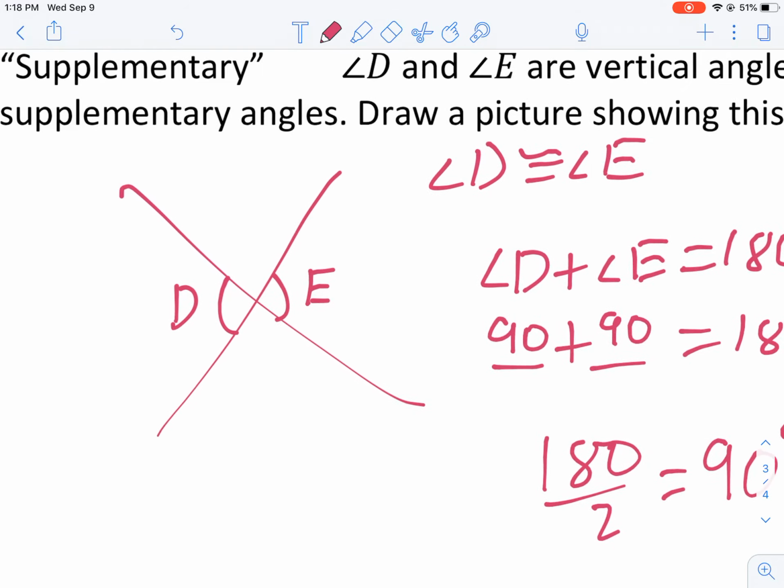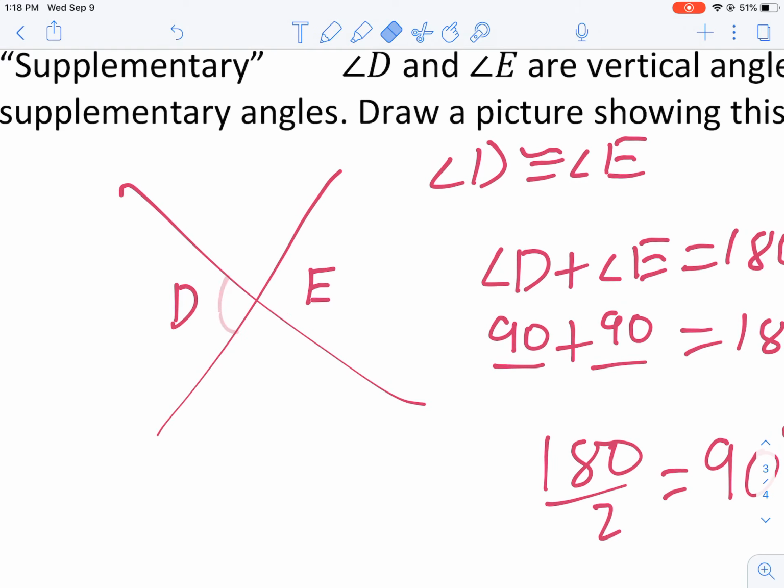And if we remember correctly, 90 degrees is a right angle. So that means that both of these are right angles, which actually means our lines are perpendicular, all right? So if two lines are perpendicular, it creates vertical angles that are also supplementary, all right? They're congruent and supplementary. That means they're 90 degrees.